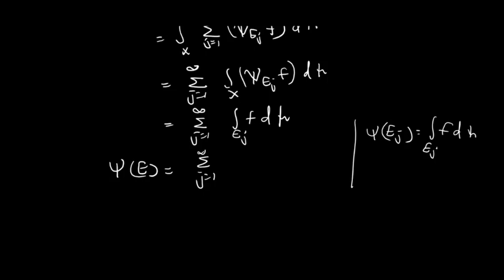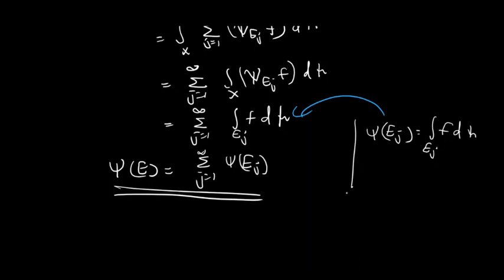So that is equal to the summation, j from 1 to infinity, of psi of Ej. This means psi is countably additive and therefore psi is a measure.